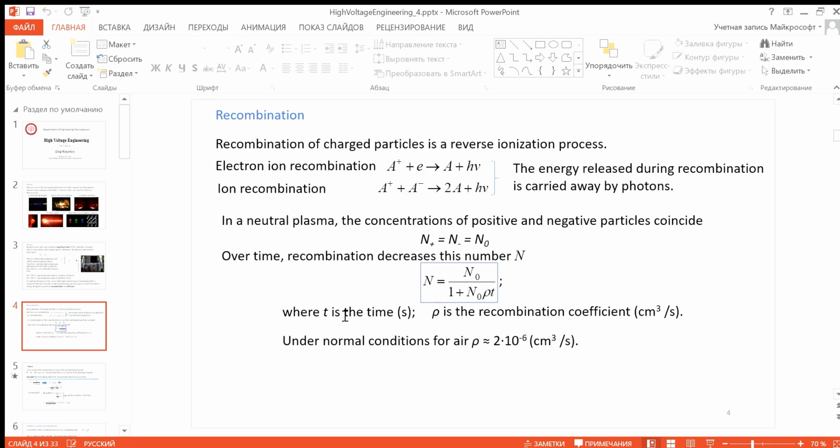The t is time in seconds. Rho is the recombination coefficient, cubic centimeter per second. Under normal conditions for air, rho, the recombination coefficient, is 2 multiplied by 10 power minus 6 cubic centimeter per second.